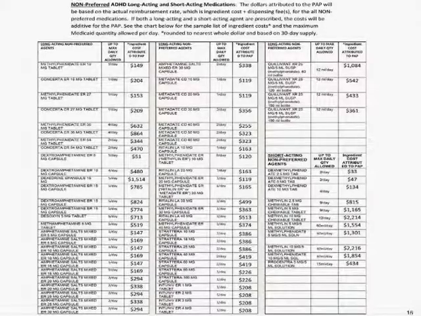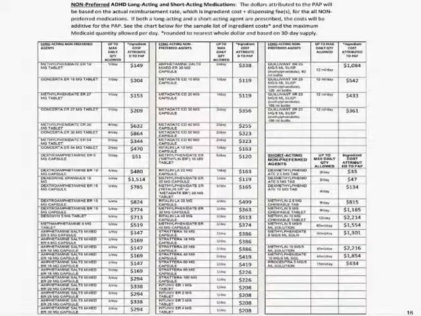On the next page, which is a lot of numbers and figures, these are the non-preferred medications, both long-acting and short-acting, and these are the medications where the actual cost would be attributed, as you can see listed throughout.